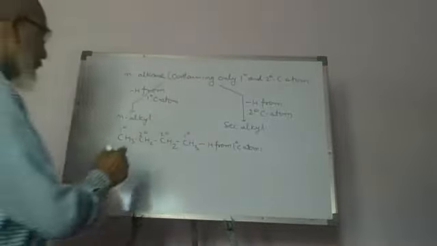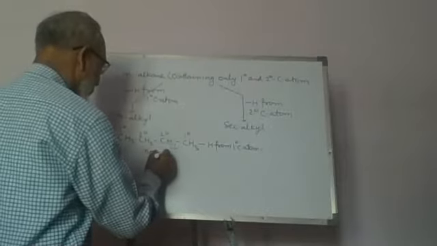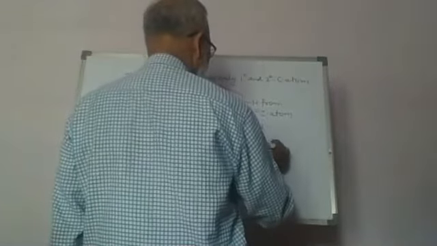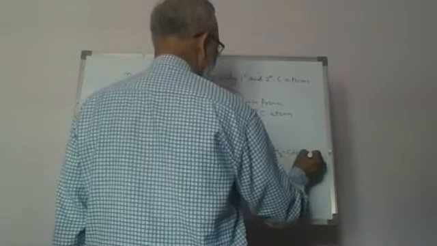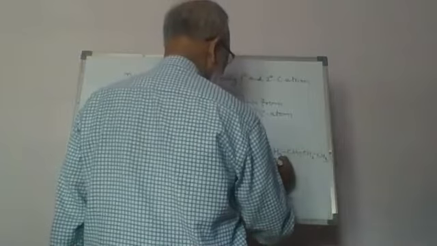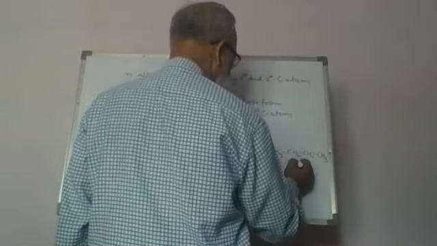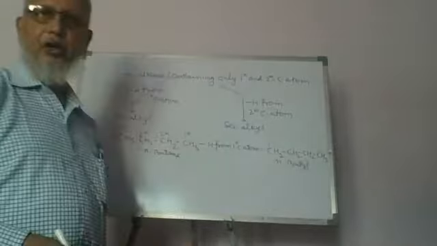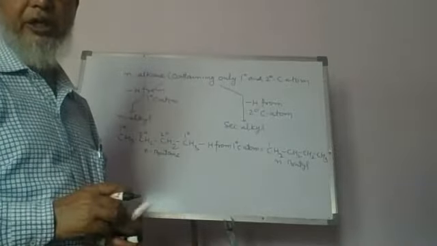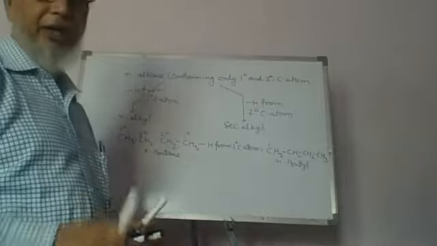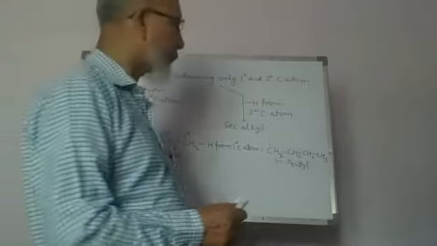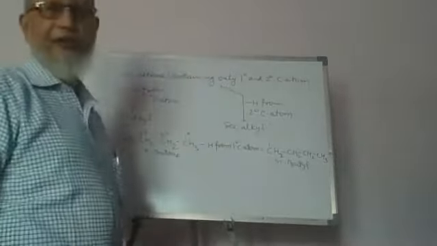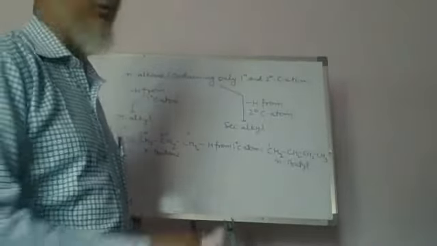This is your N-butane, and it will form CH2, CH2, CH2, CH3. This will be called N-butyl. Now with this free valency, if you attach chlorine, it will become N-butyl chloride. If you attach Br, it will become N-butyl bromide. If you attach I, it will become N-butyl iodide. And likewise, if you attach any functional group like OH, it will become N-butyl alcohol.